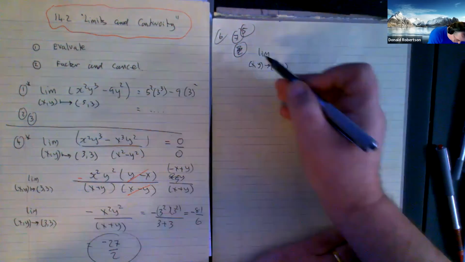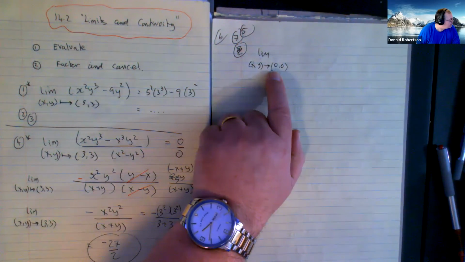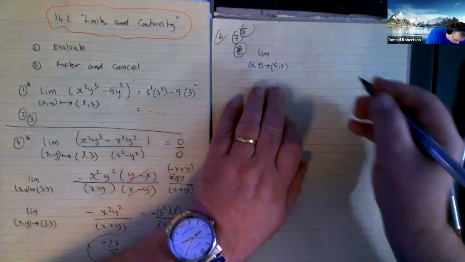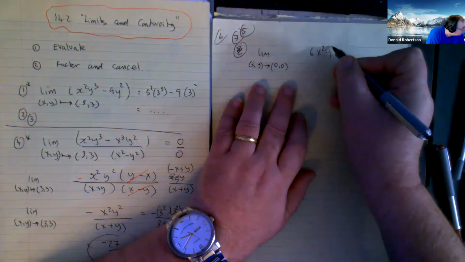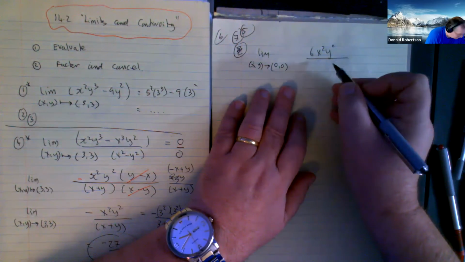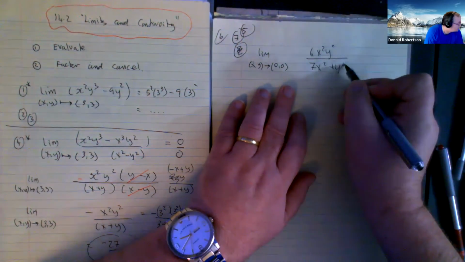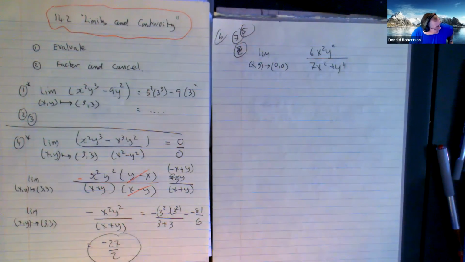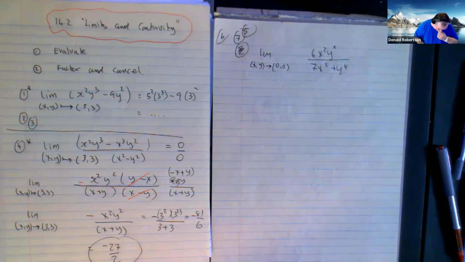Okay, so questions 5, 6, and 7 are going to have this problem where we're trying to find a limit, typically at a point like (0, 0) of a fraction. And so here's one of the examples. There are a number of different approaches to this.